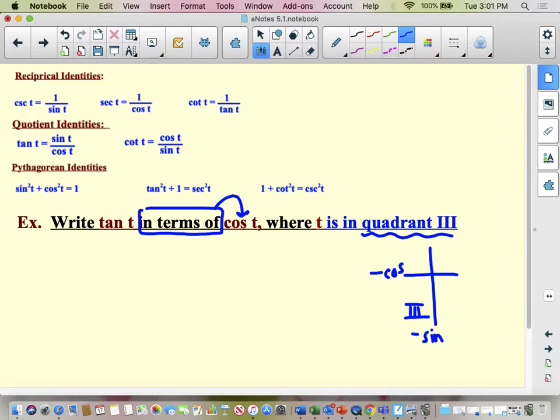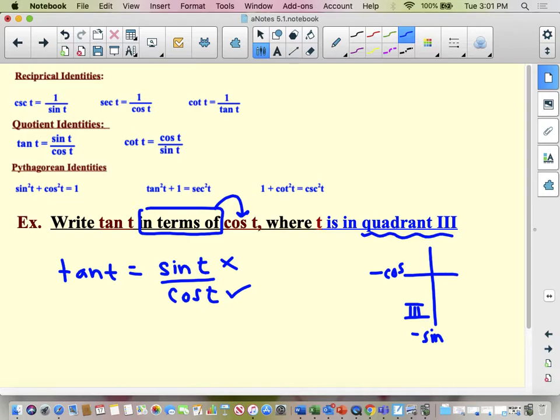So tangent, maybe the obvious first step is to write that as sine of t over cosine of t, okay, from the tangent ratio. I want tangent to be in terms of cosine. Well, right now it's in terms of sine and cosine. So this is good, this sine, not good. Obviously it's not cosine.